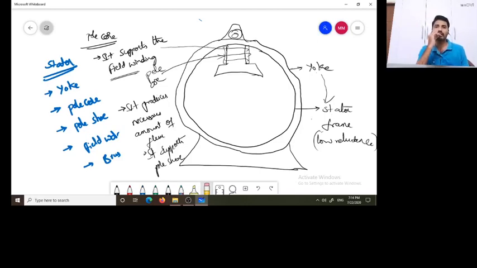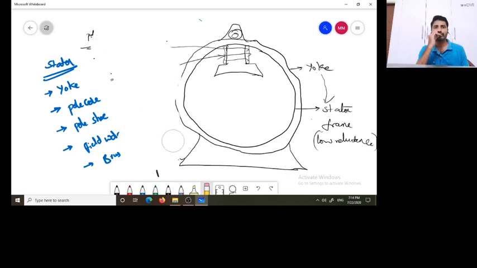Now we'll see about the pole shoe. What is the function of a pole shoe? We can see from the diagram, this is nothing but a pole shoe, a shoe tapered structure. There is a bend here like a shoe, like the U shape of a horseshoe.